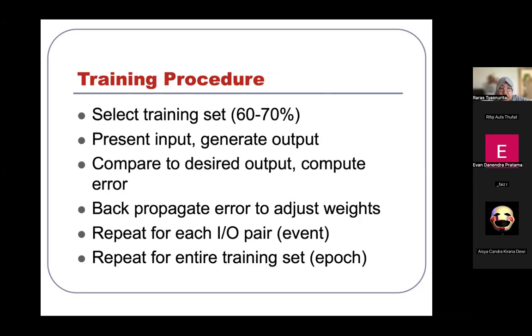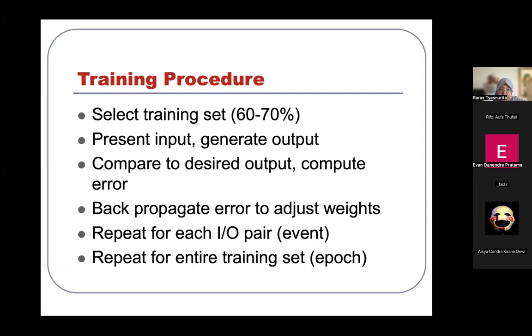So I think this is for the general case. You decide your training and testing sets: how many percent training and how many percent testing. Then you have your input, it does learning and generates output, and then you compare with your desired output, which means this is supervised learning.